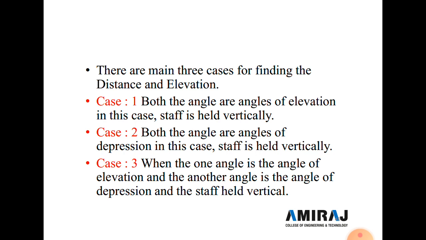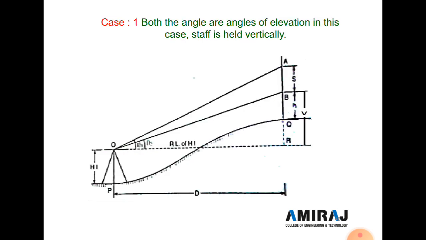From the horizontal line of sight, when the instrument is set at 0 degrees vertically and the telescope is perfectly horizontal, one angle is above the horizontal line of sight and another is below it, meaning the angles are in different directions, one positive and another negative. So it's case number 3. Now let's start one by one, with case number 1.